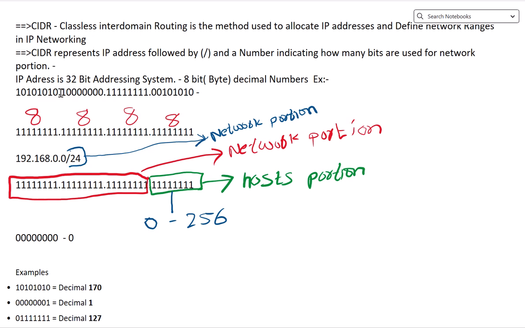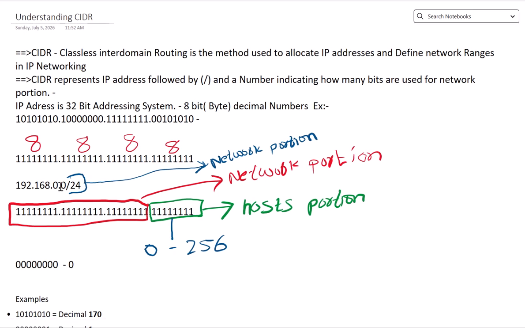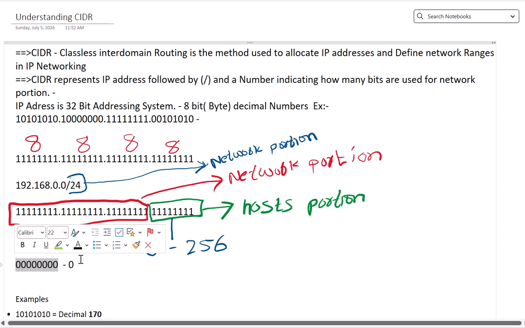Since every byte contains 8 digits, and again each is a 0 or 1, the starting number would be 0, as you can see, and the maximum number that you can represent in any byte is 255. If you have all zeros in a byte, it's 0.